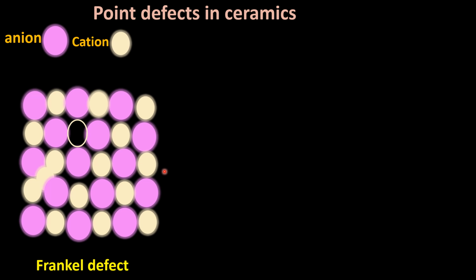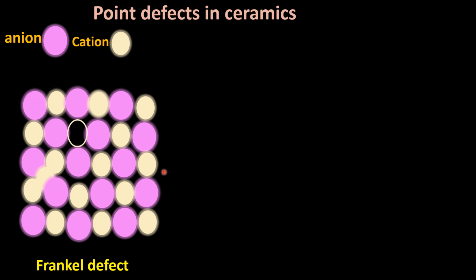So to achieve good solubility of substituting impurity atoms, the ionic size and charges must be very nearly the same. These two are the important factors in the case of ceramics: the ionic size and charge of both the solute and solvent must be the same.